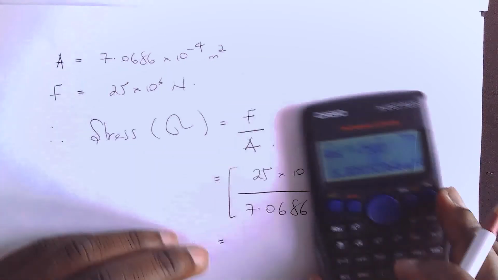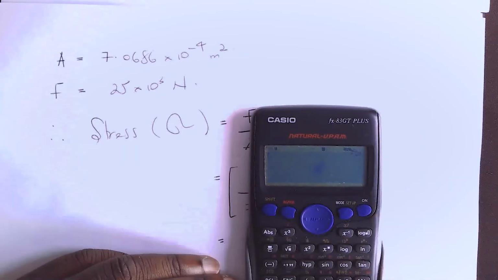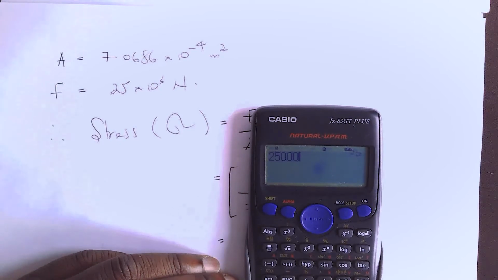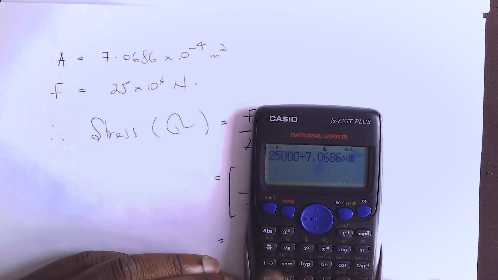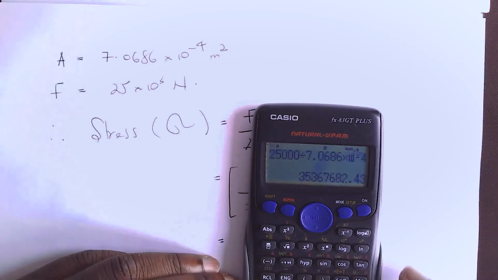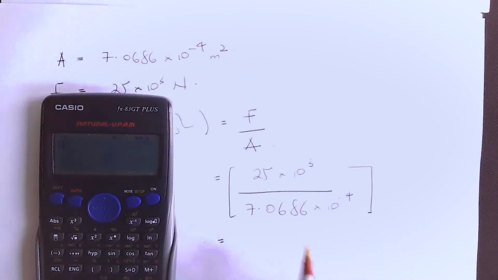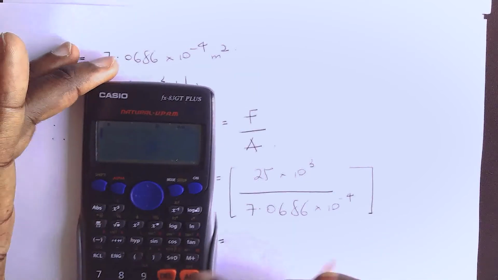What we have to do is do the needed computation. So 25,000 divided by 7.0686 times 10 to the power minus 4. And that gives, lost it.